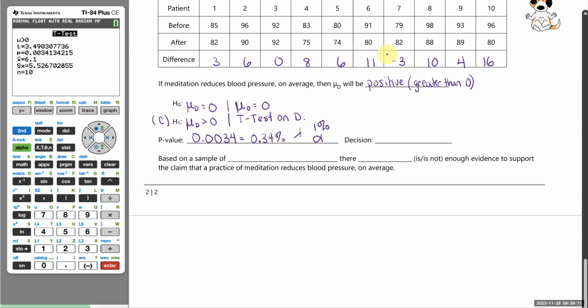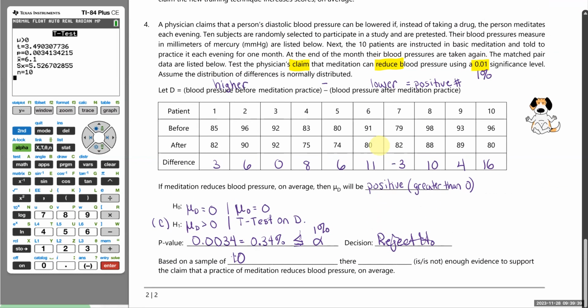So 0.34% is less than alpha. And technically we do less than or equal to there. If our p-value is less than or equal to alpha, so p-value low, let the null go. Sorry, my pen is being weird, but you can read that hopefully. Reject H0. So based on a sample of these 10, I don't know if they call them patients, people, I'll just call them patients, it says patients.